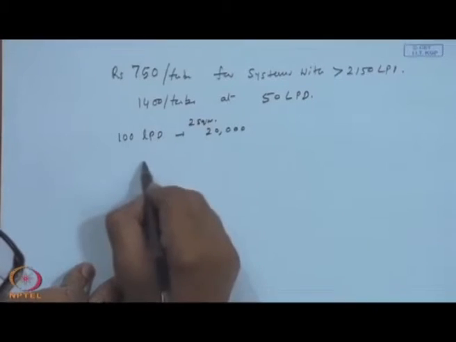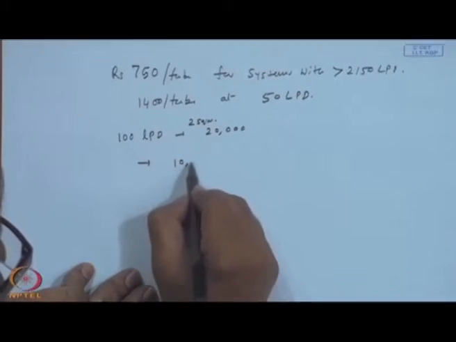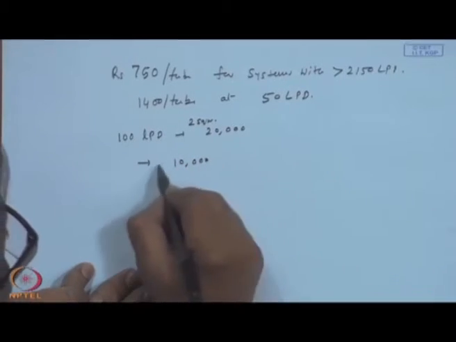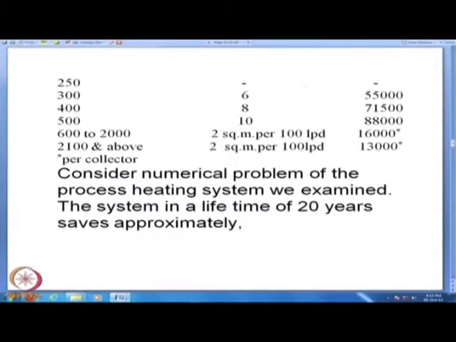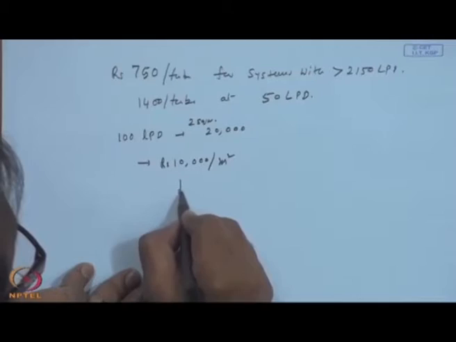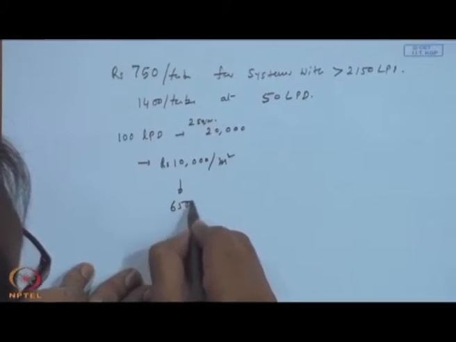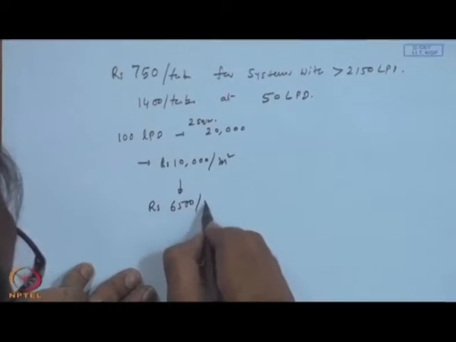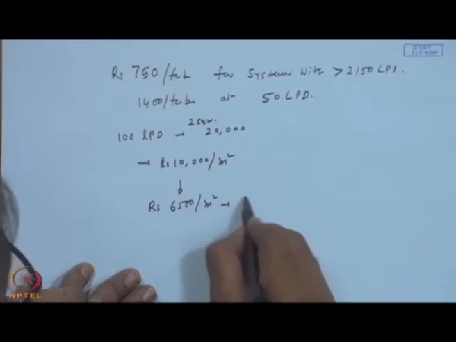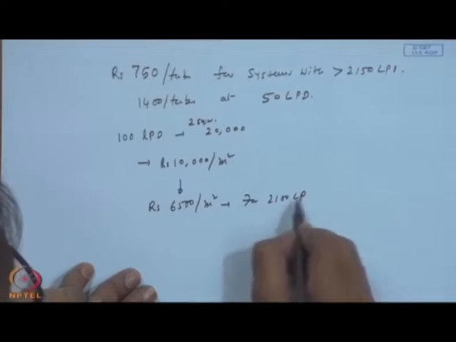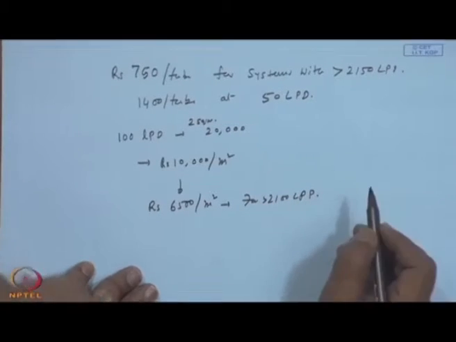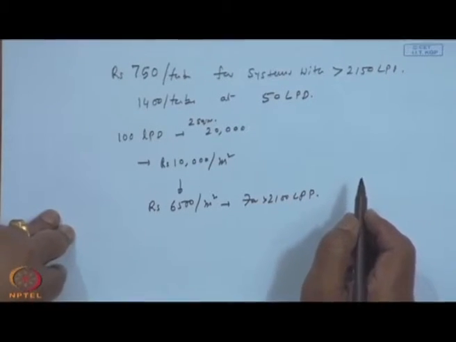So, per square meter I guess about 10,000 rupees per square meter, and this comes down to something like 6,500 per square meter for greater than 2100 liters per day.